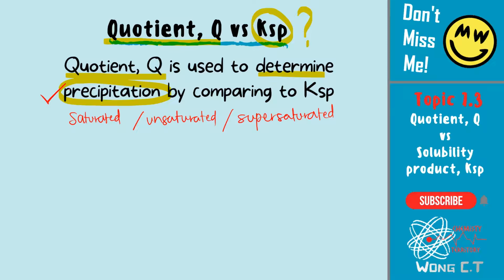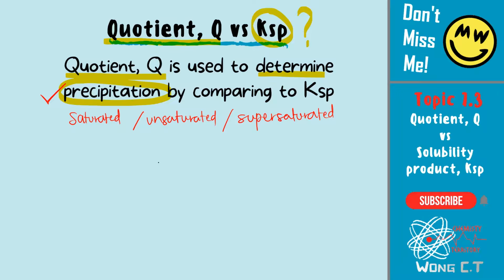So, that is the reason why we are comparing your Q, your quotient, with the KSP, solubility product. We only want to know whether the type of solution that we have right now is saturated, unsaturated, or supersaturated. By determining the type of solution, we can also know what happened to the precipitation. Do we have precipitation or not in the solution?